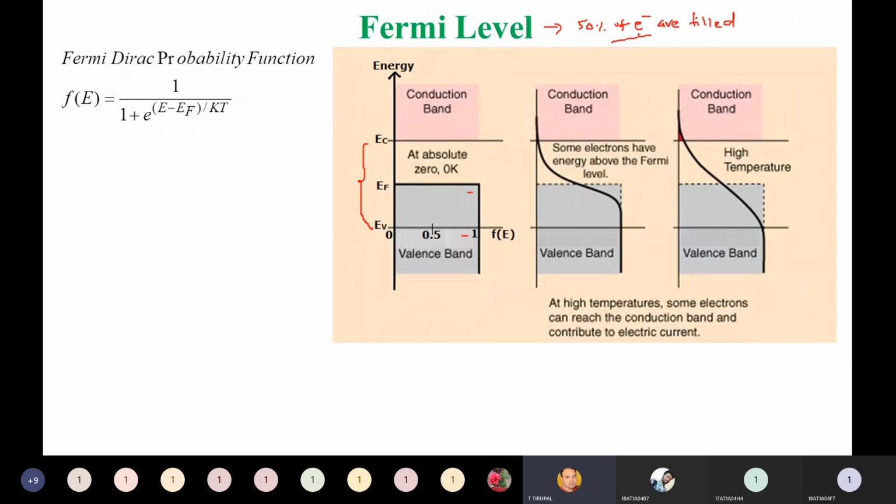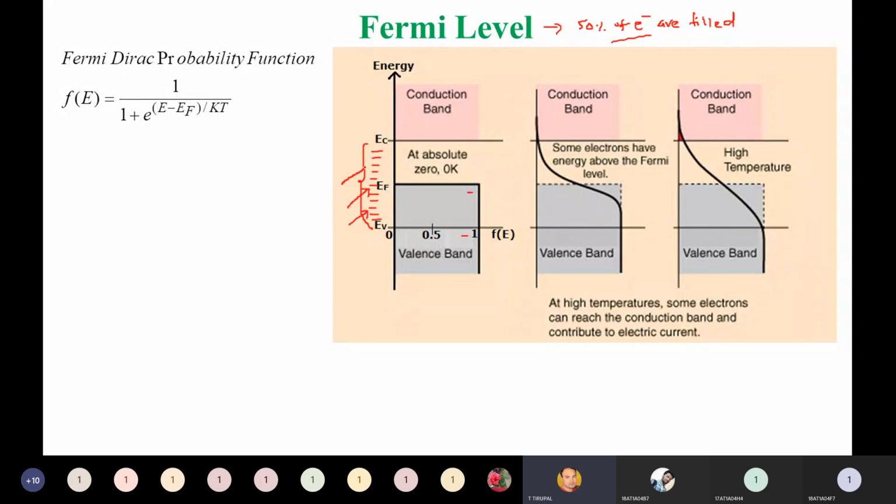Now here you need to find the probability of finding an electron in which energy level it is present. Suppose, as I told, an electron is moving from valence band to conduction band. It passes through different energy levels like this. You have the Fermi energy level also there. Now you need to find the probability of an electron filling these energy levels.